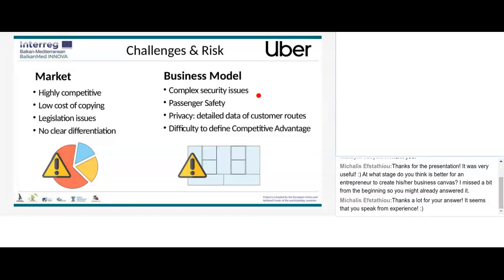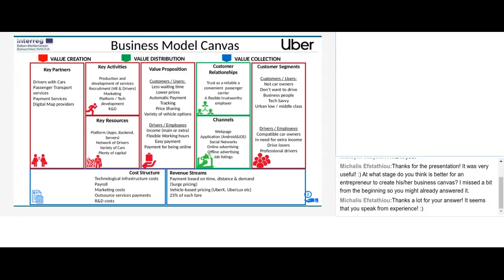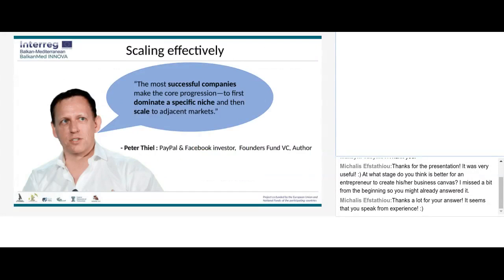You literally have the data of where the customers went, the customer routes, which is really detailed and important data, and it has to be protected strictly. And it's difficult to define the competitive advantage in this business model, as I mentioned previously also.